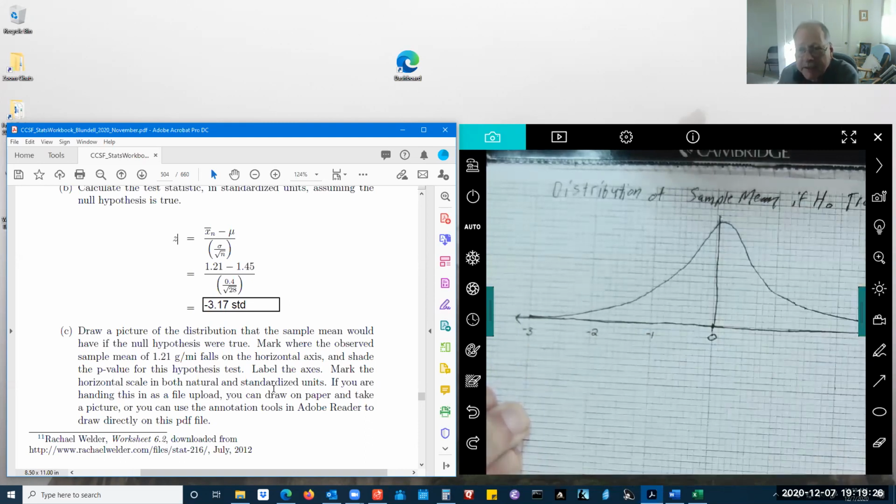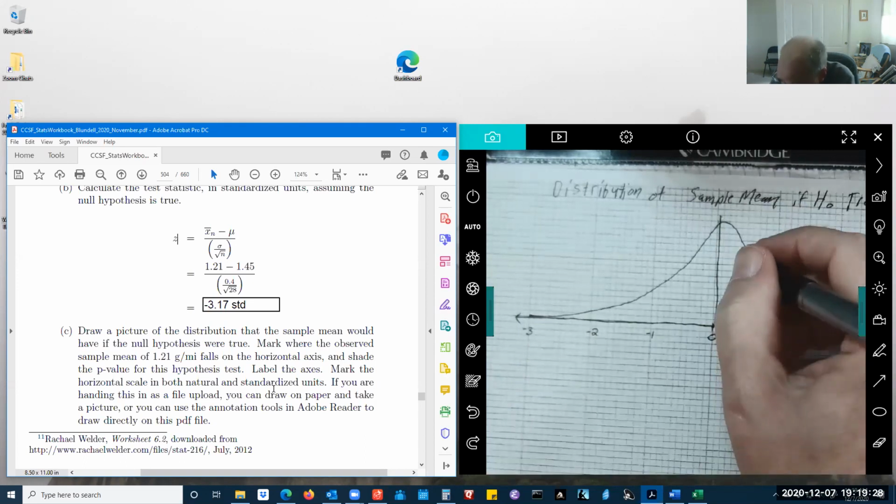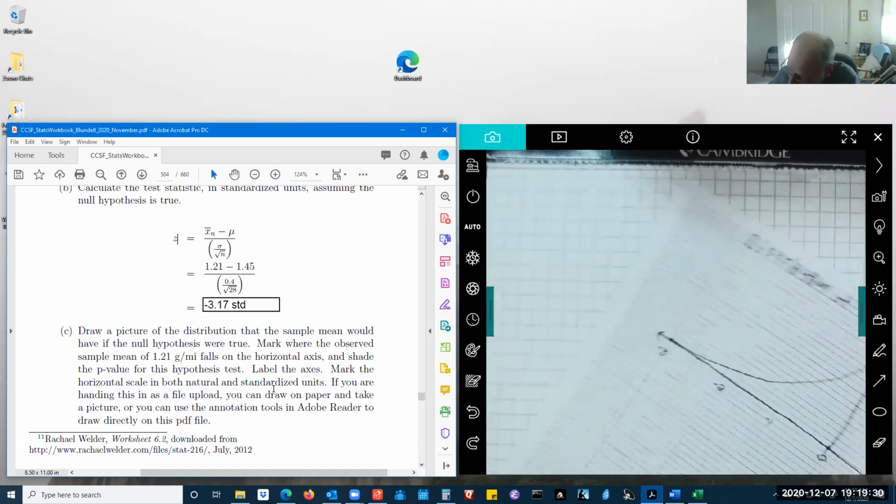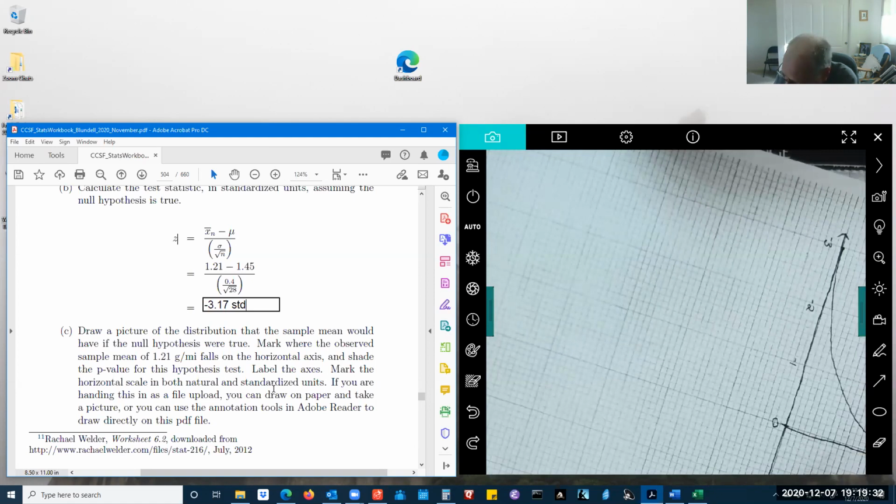I was trying to get that centered, but you get the idea. So this is the probability density. It's like percent frequency density.